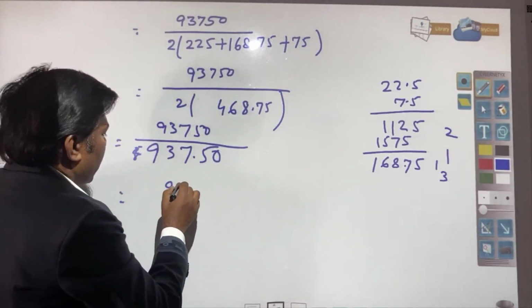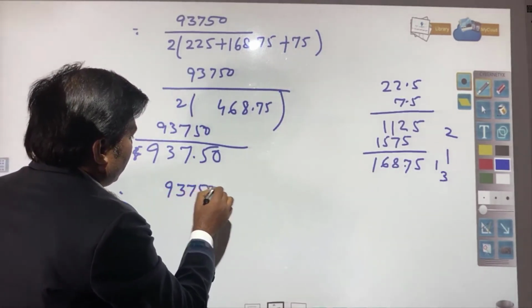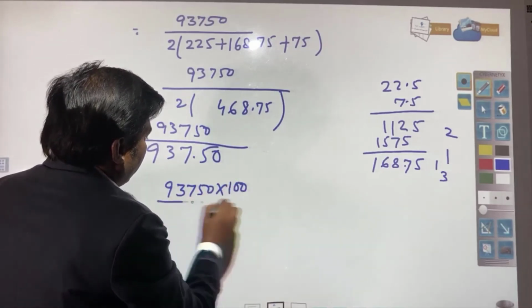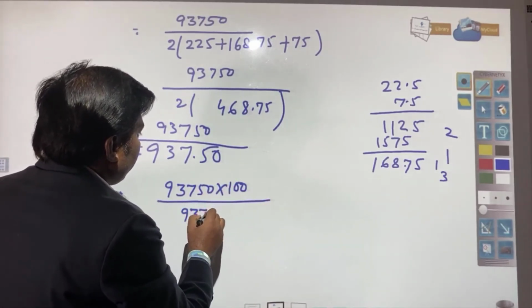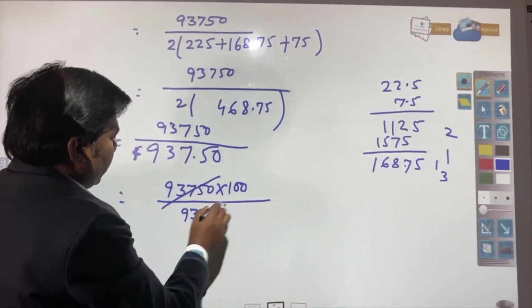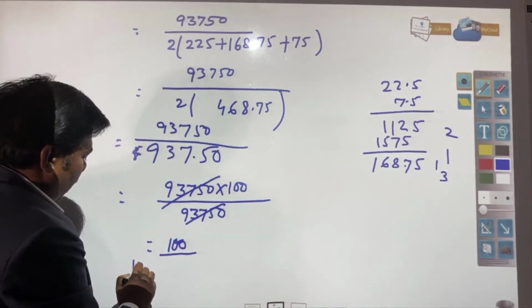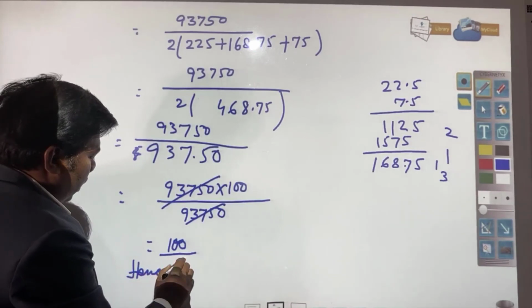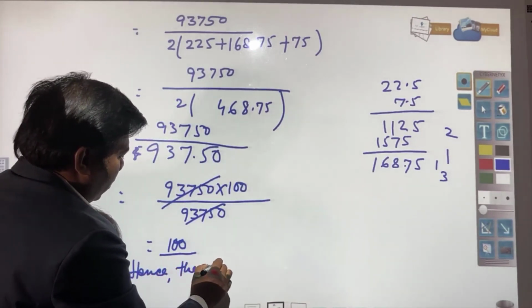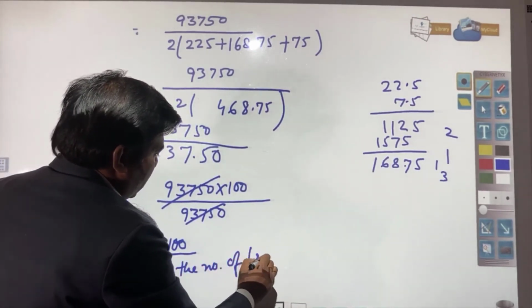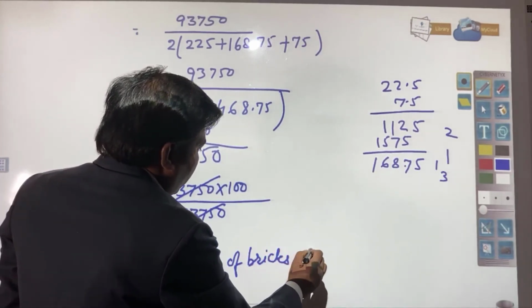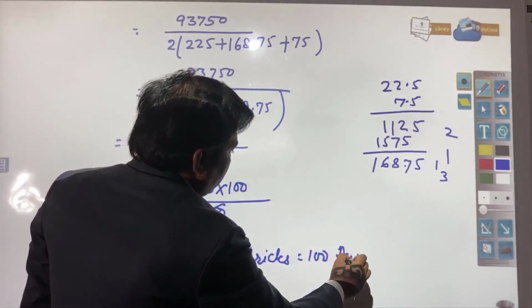It means 93750 into 100 divided by 93750. So this will be cancelled and you will be left with 100. Hence the number of bricks will be 100, and this will be your answer.